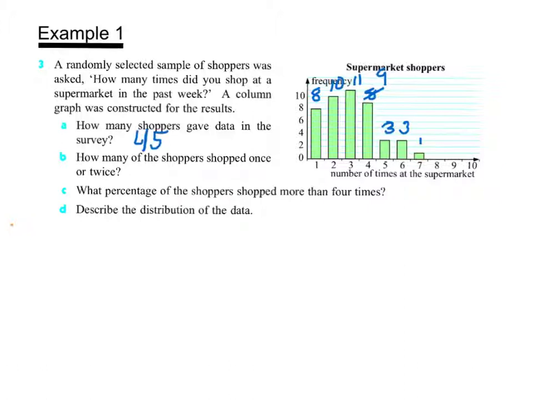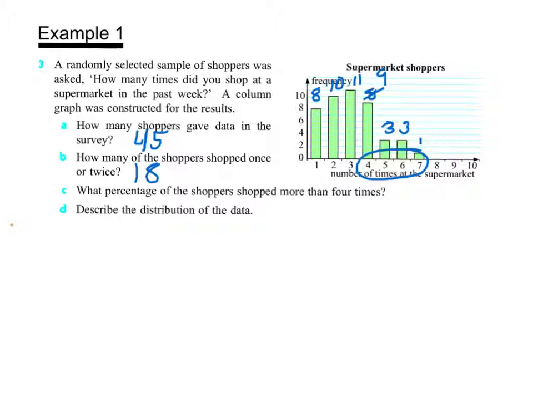The second question, how many of the shoppers shopped once or twice? Well, we simply need to add up these 2 columns, and that is 18. The third question is, what percentage of the shoppers shopped more than 4 times? Well, we first need to add up these 4 columns, which represents the shoppers who shopped 4 or more times.